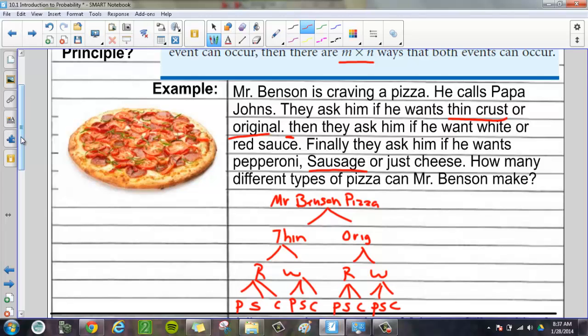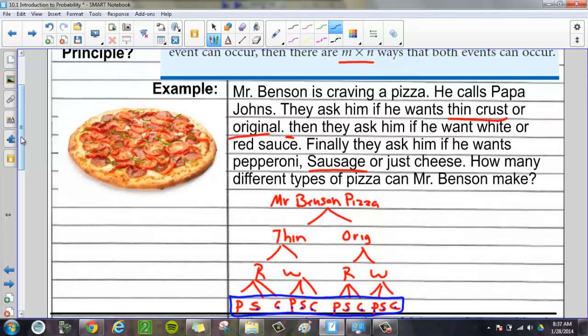So in the end, if we count the end of this branch or end of this tree, this tells us how many different options there are. So there's 1, 2, 3, 4, 5, 6, 7, 8, 9, 10, 11, 12 different combinations of pizzas that I can make from Papa John's on this day.